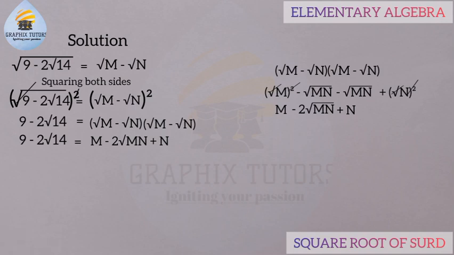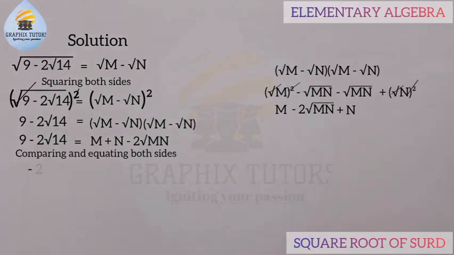Now if I rearrange, I'll be having 9 minus 2 root 14 is equal to m plus n minus 2 root mn.